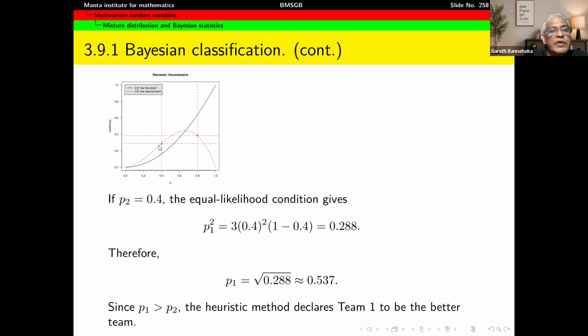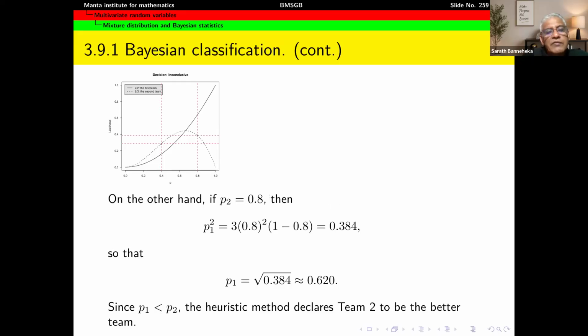L1 will have the same likelihood when P is something like 0.537 according to this. So if P2 is equal to 0.4, P1 has to be 0.537 for the likelihoods to be equal. In that case, P1 is greater than P2, so this heuristic method declares team 1 to be better.